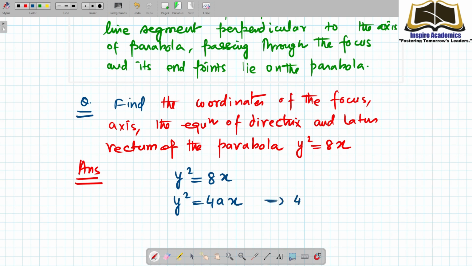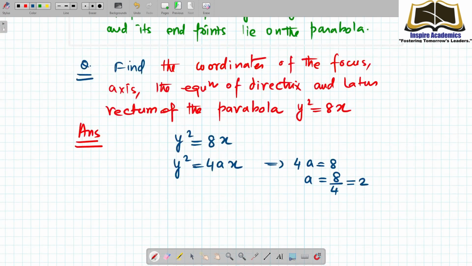It means compare करें तो 4a की value 8 है, तो a की value क्या आ गई, 8/4 which is 2. तो सबसे पहले क्या पूछा, focus. Focus की value क्या आई, 2,0. a,0 होता है तो simply put 2,0. Alright, next axis. Clearly y square equal to 4ax type equation है, तो axis क्या है, x.